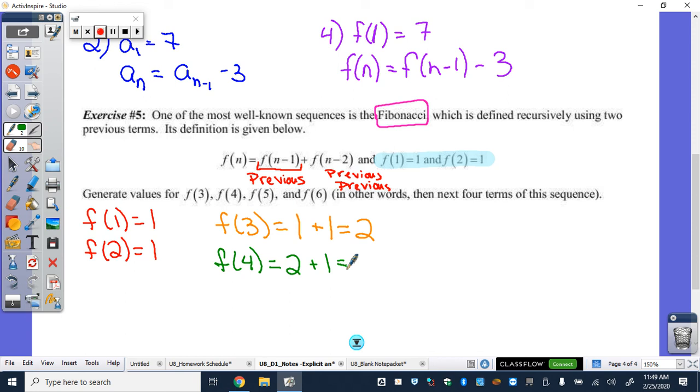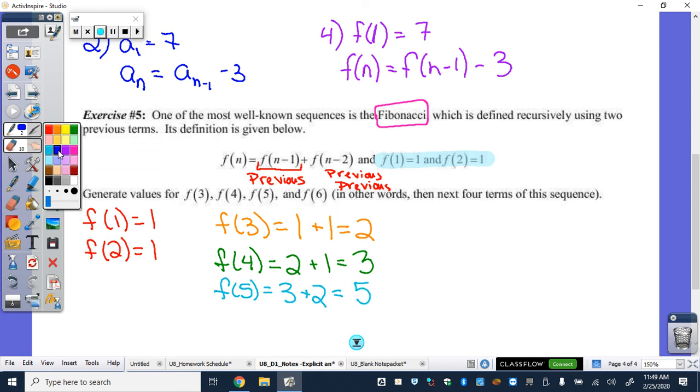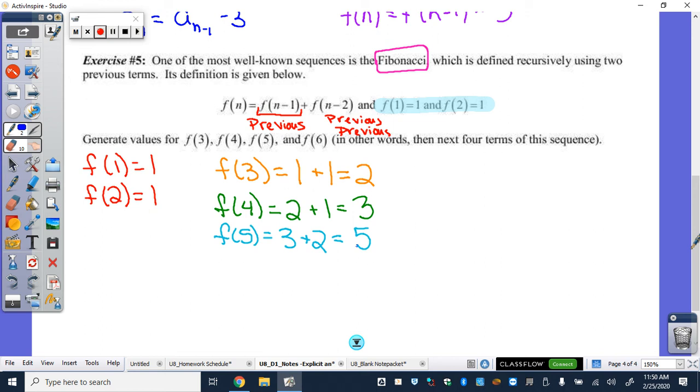So our fourth term is 3. So our fifth term is the one before it, plus the one before that. So 3 plus 2 gives us 5. And so then our sixth term is the one before it, plus the one before that. So we get an 8.